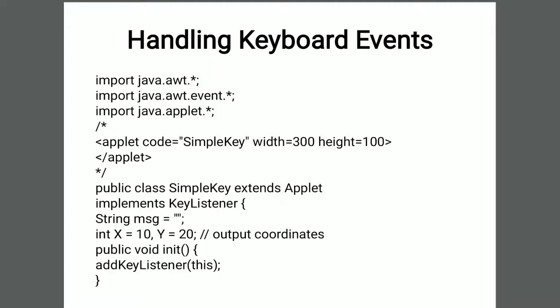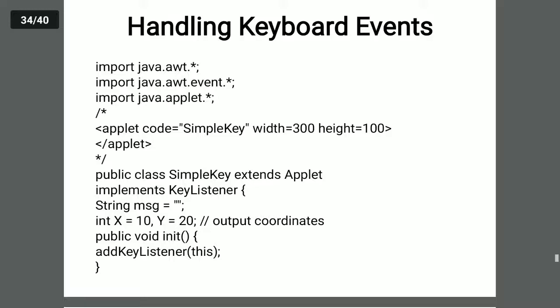Next, public class SimpleKey extends Applet implements KeyListener interface. To handle keyboard events, you need to implement the KeyListener interface. Next, the value of msg will be empty initially, the value of X will be 10, and the value of Y will be 20. Then the init method of the applet.